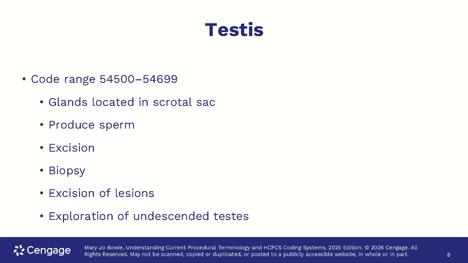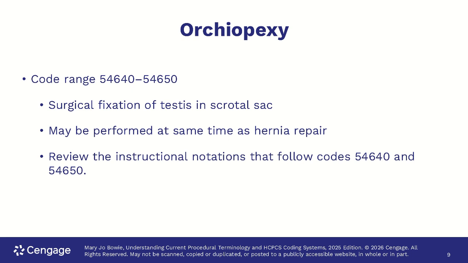You see codes for biopsy, excision of lesion, exploring undescended testes are also found here. And there are some notes present in this particular area to reflect that other services may be performed at the same time and how you handle that.